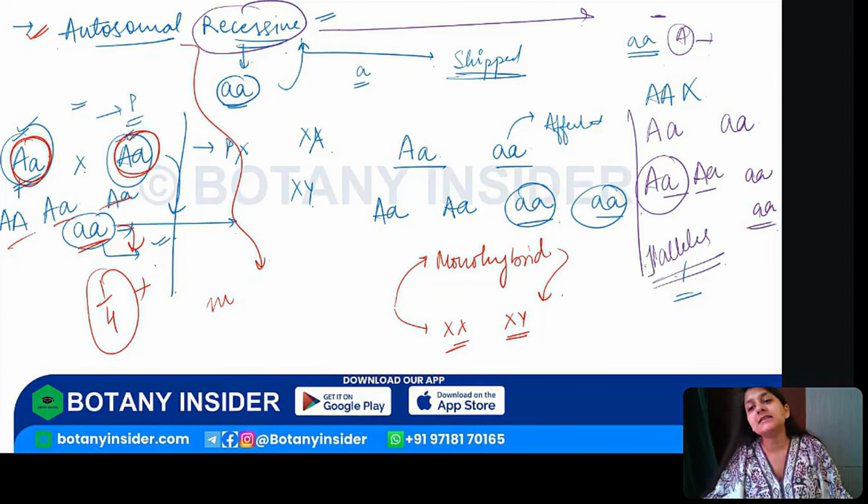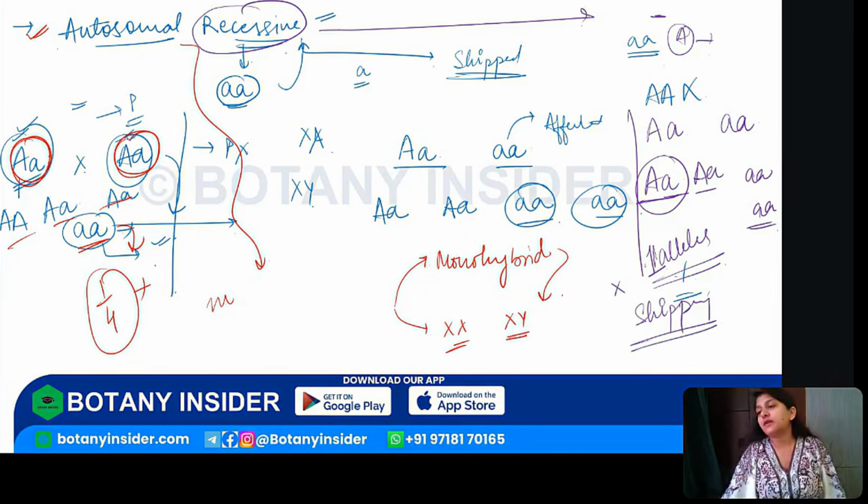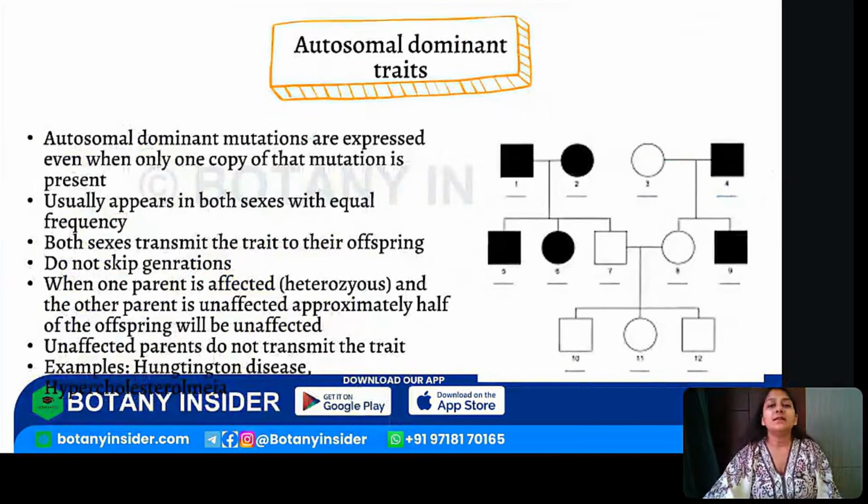One single allele is enough in the scenario. So for that matter, in this autosomal dominant characteristic, there is no skipping of generation, right? You will get to see many of the individuals showcasing the trait, right? They are expressed when only one of the mutations is there.